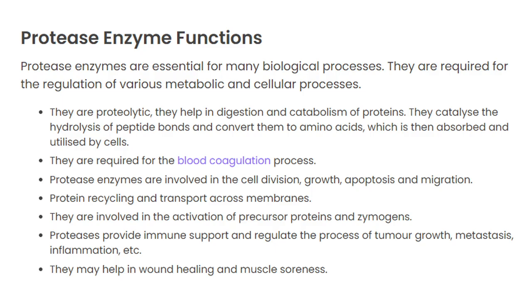They help in digestion and catabolism of proteins. They catalyze the hydrolysis of peptide bonds and convert them to amino acids, which are then absorbed and utilized by the cells.